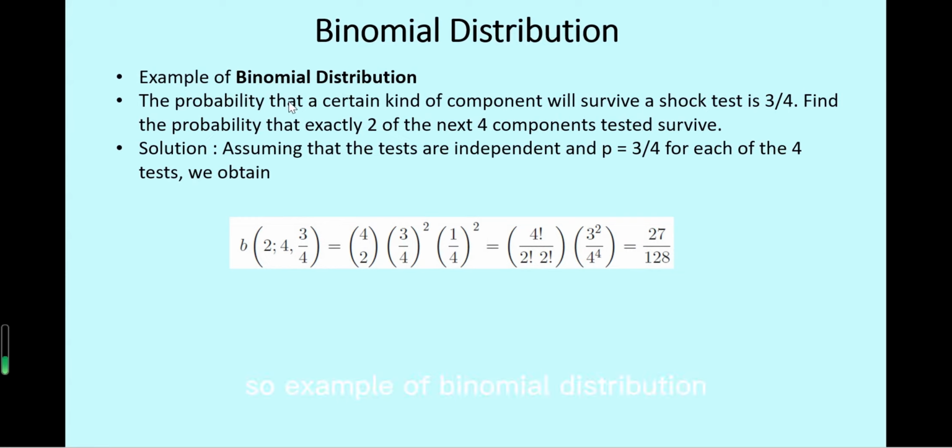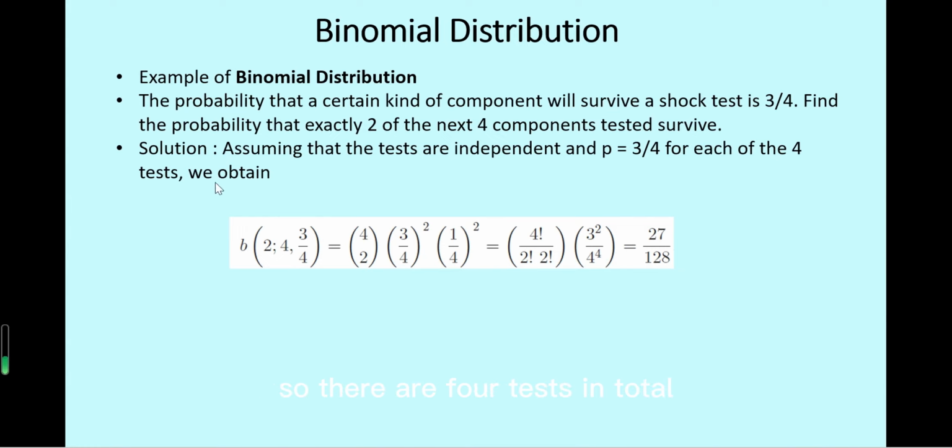So here is an example of binomial distribution. The probability that a certain kind of component will survive a shock test is 3/4. Find the probability that exactly 2 of the next 4 components tested survive. So the solution is, if we assume the tests are independent, this will be a Bernoulli process, and the probability for each trial is 3/4.